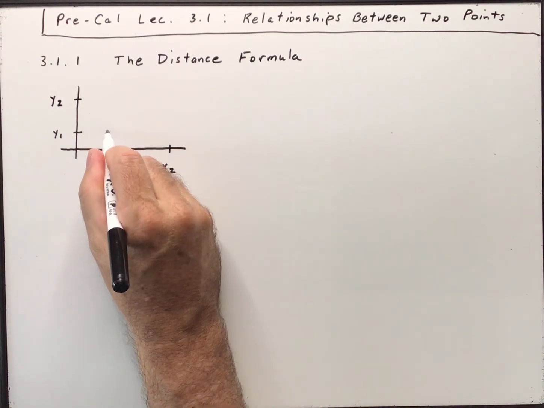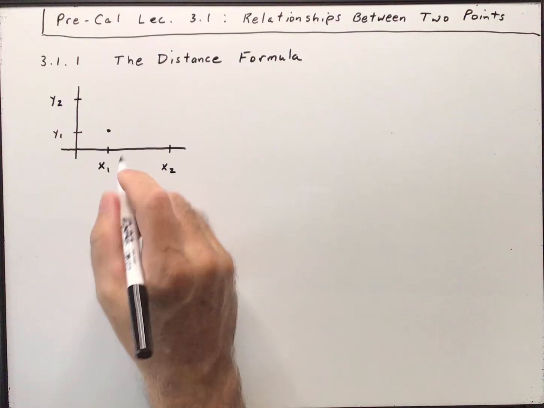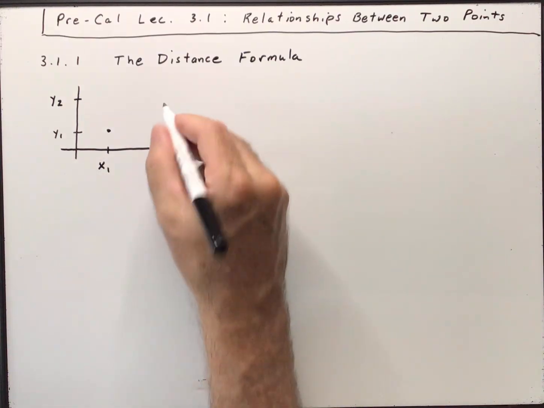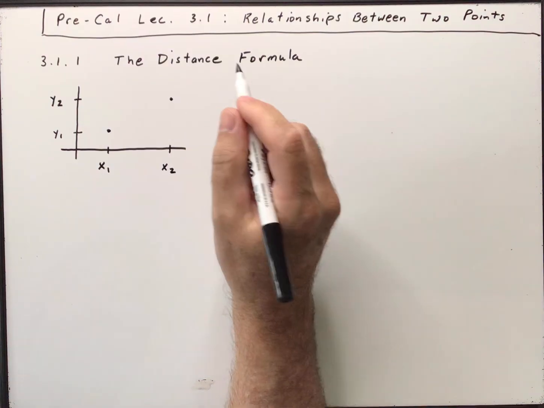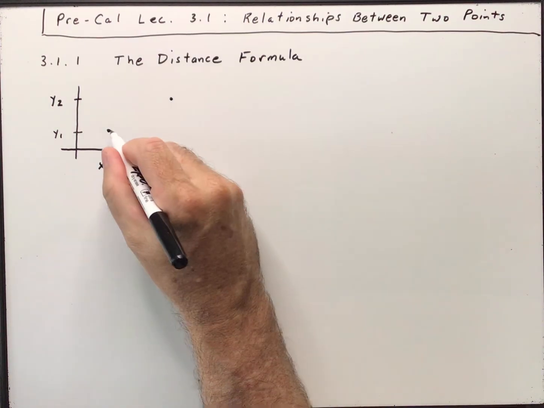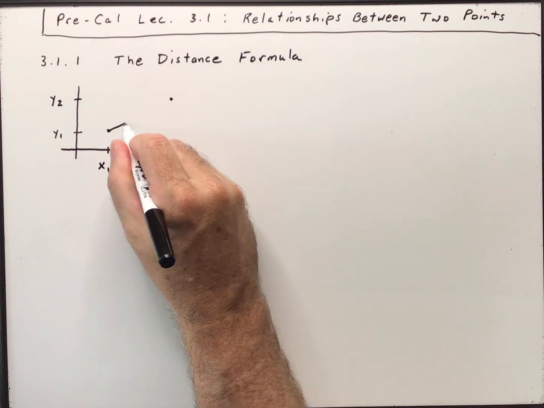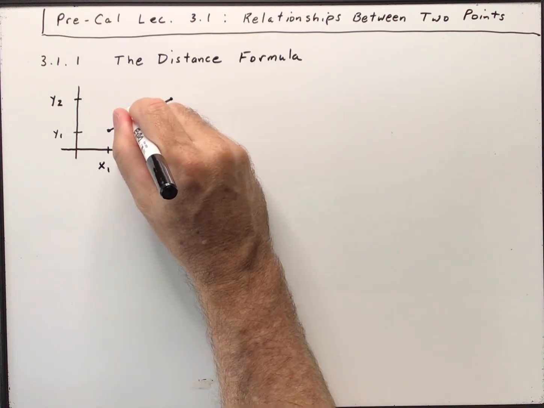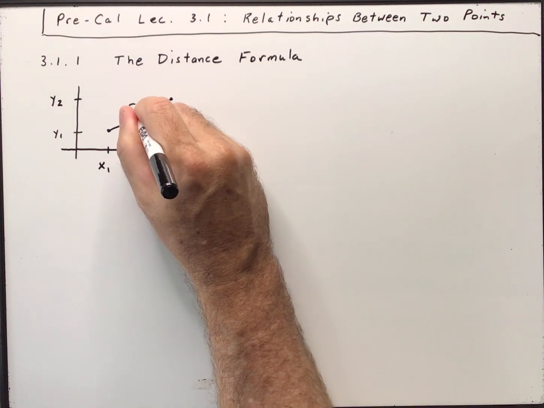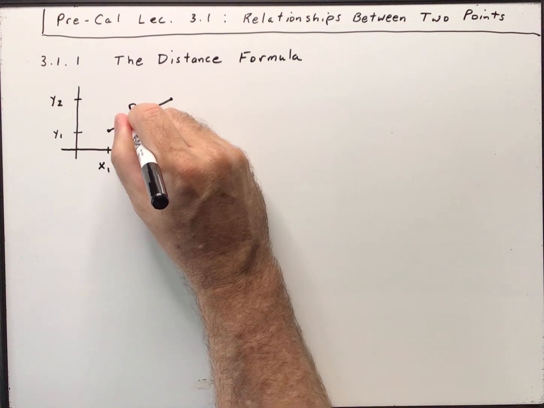So I'm going to draw a point at X1, Y1 and also one at X2, Y2. And we will connect those 2 points with a line. We're going to call that the length of that line D.